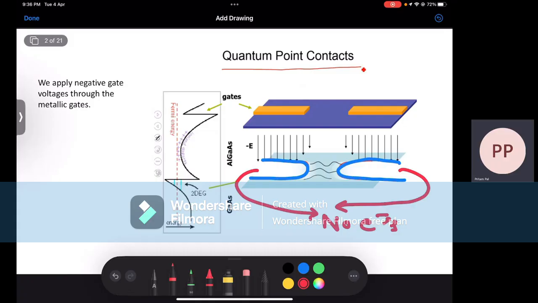It's tens of nanometers, as I already mentioned, so one to three wavelengths of an electron, right? And this kind of structure is then called a quantum point contact.